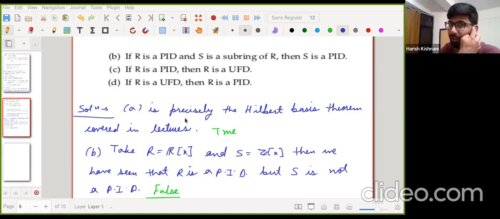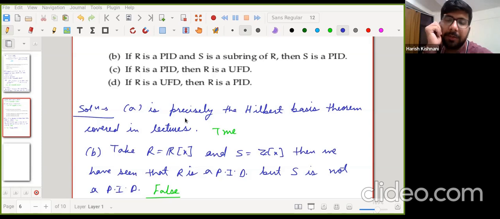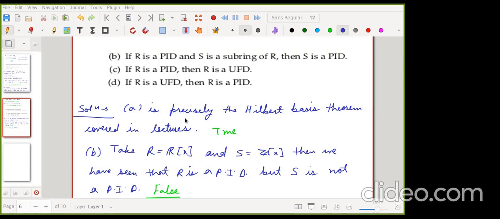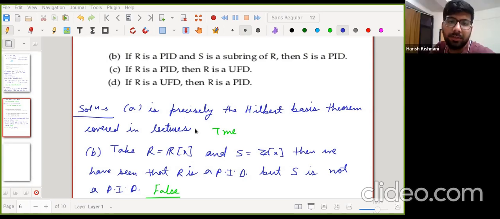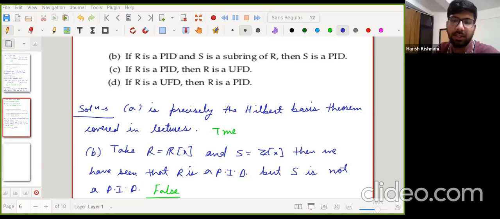No, it's also there in the assignment: if R is a PID and S is a subring of R, then S is a PID. So in the original question also it is only PID. Yeah, it is only PID. Okay, thank you.